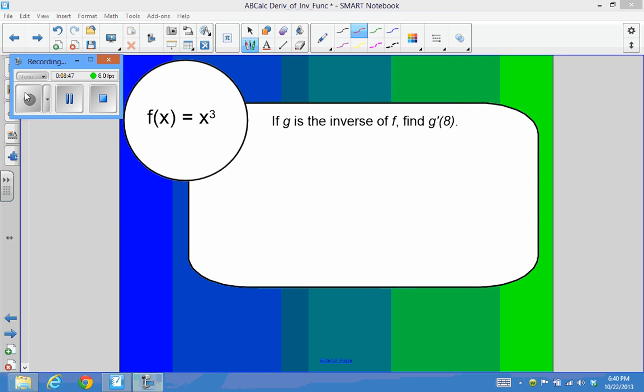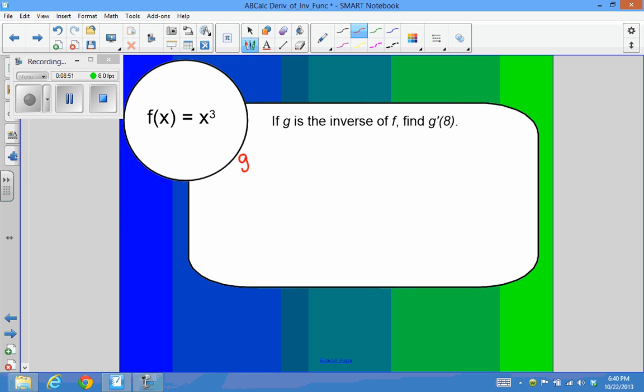So if we're doing g prime at 8, then that means I've got to figure out what g at 8 is. What does that equal? Well, if 8 is in the domain of my inverse function, that means that it was in the range of my original.